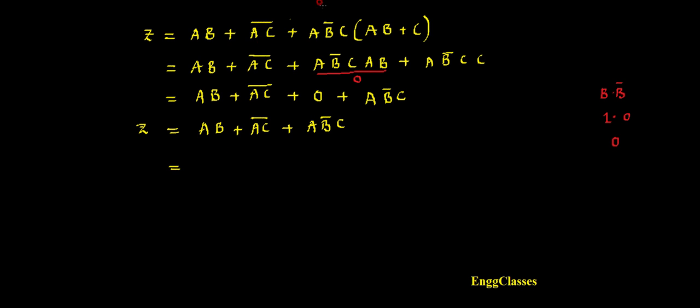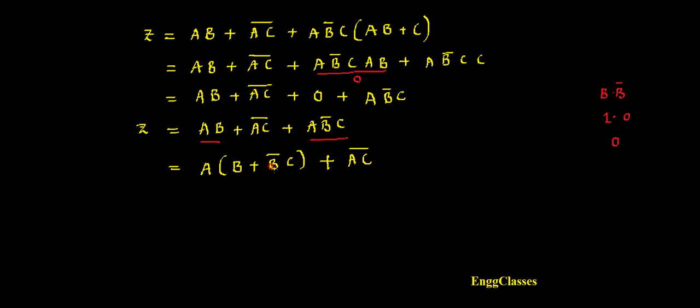So I'll consider the first and the last term: the first term is A into B, and the last term is A B bar into C. From these I can take A out. I am left with B plus B bar into C, plus the second term, which I would write as it is, AC whole bar.